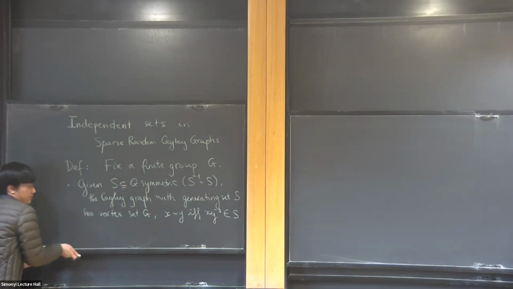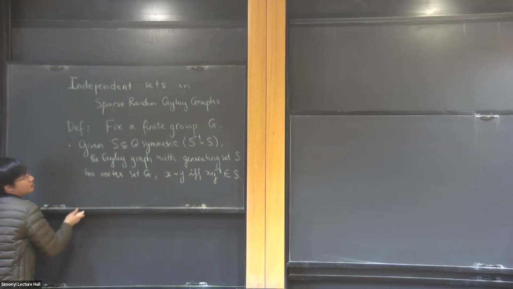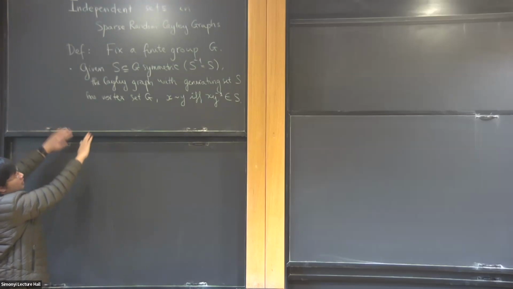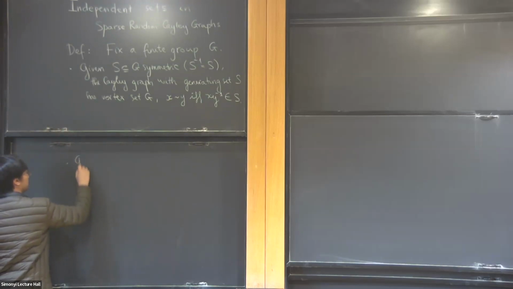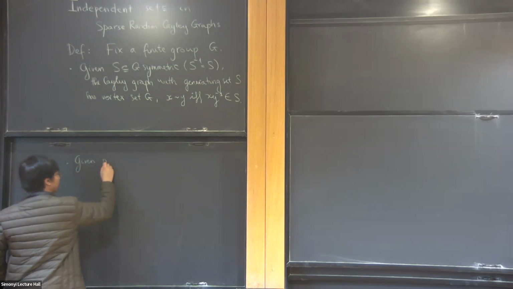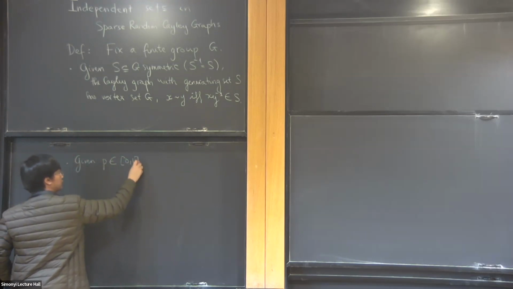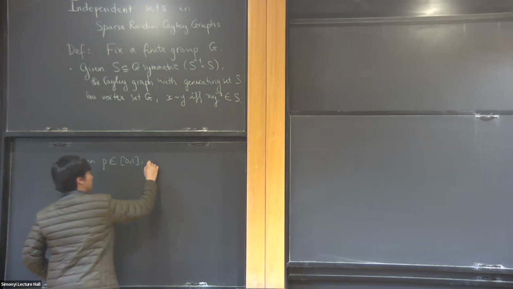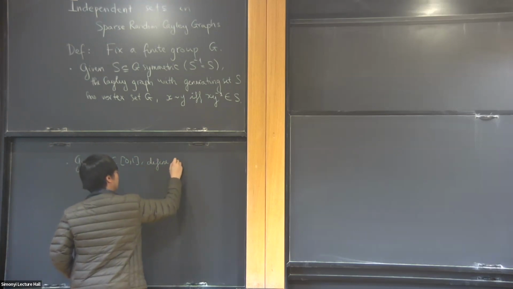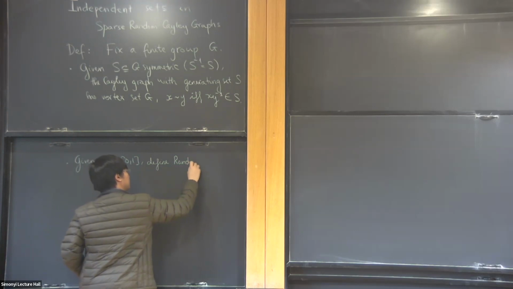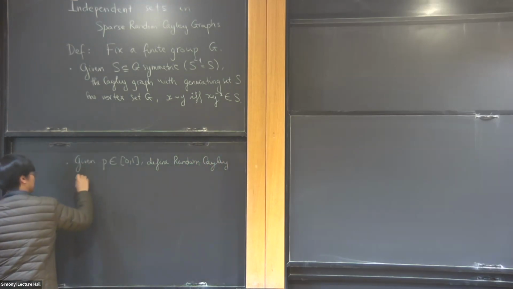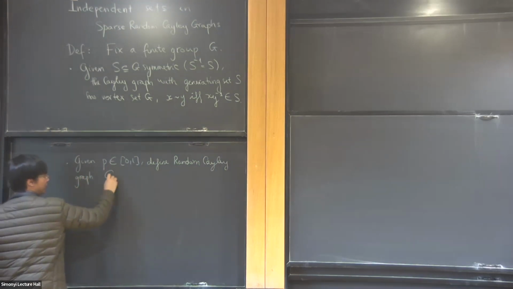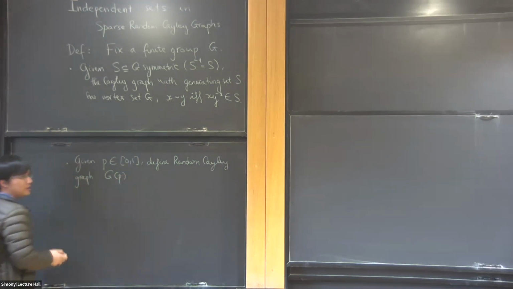And there's a very natural random distribution that we can endow on this collection of Cayley graphs in a group. Given a density parameter p in (0, 1), we can define the random Cayley graph, which I'll denote by G(p).